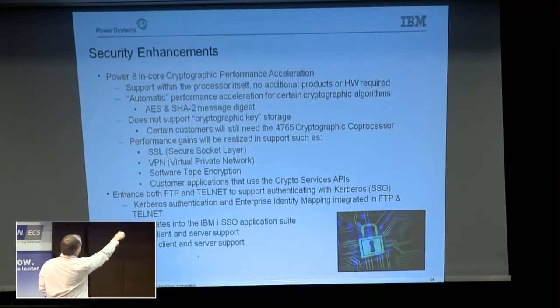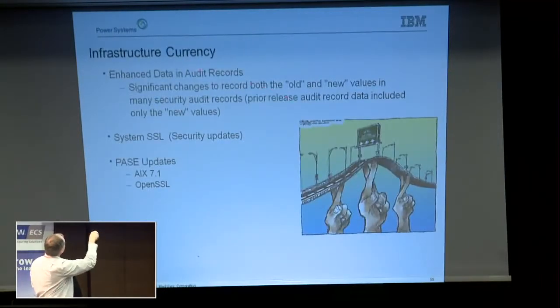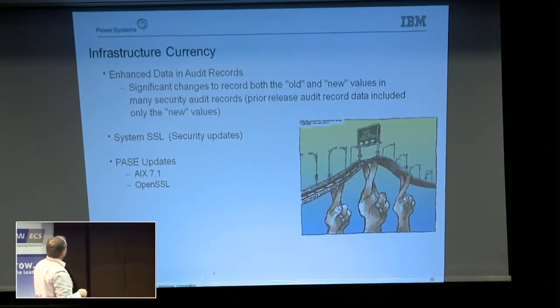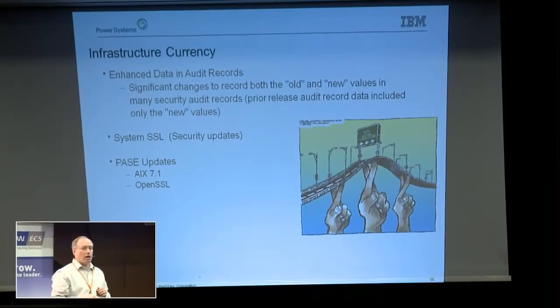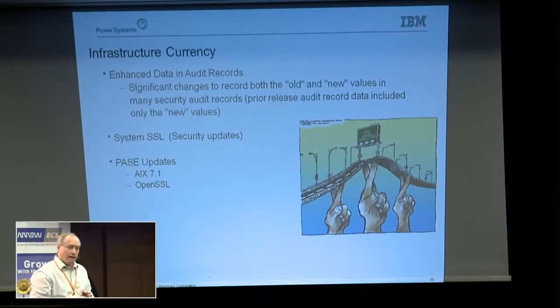FTP, Telnet, can now be used with single sign-on. We enhanced our audit records to make them a lot more detailed. And we also updated our PACE environment to now run on AIX 7.1. We also updated our OpenSSL, which, by the way, never had Heartbleed in it.